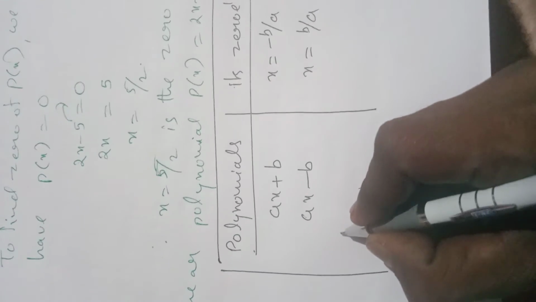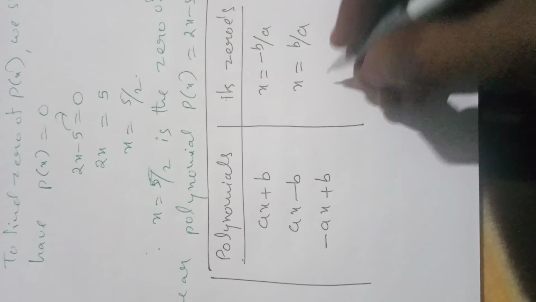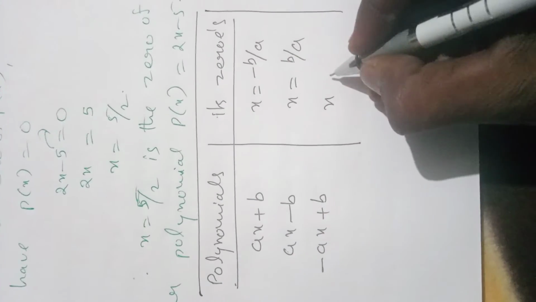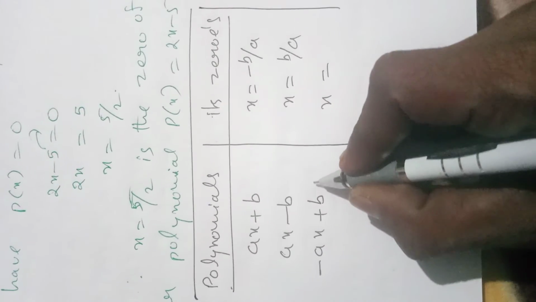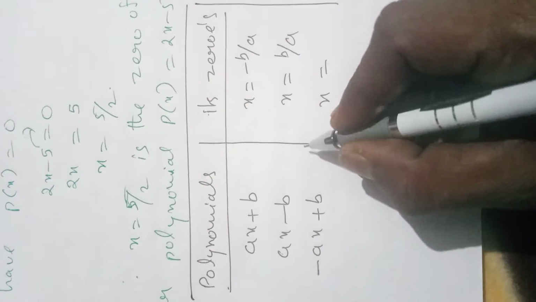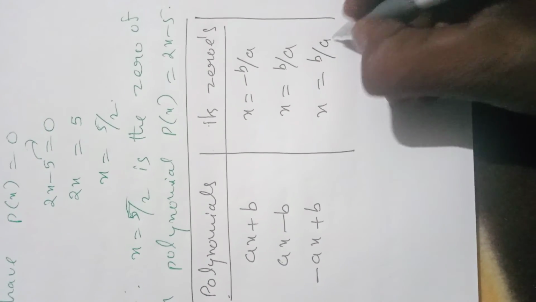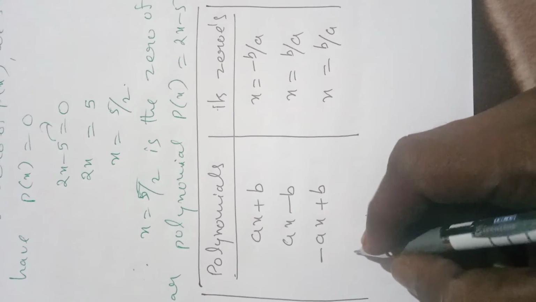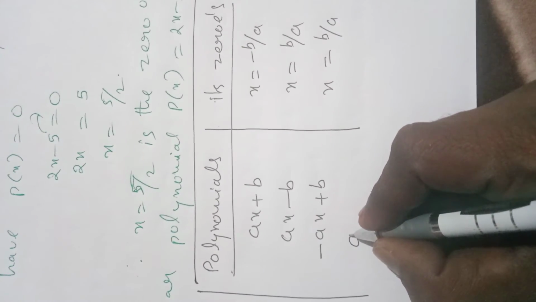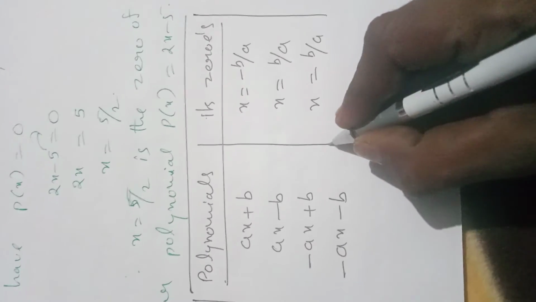If the polynomial is minus ax plus b, what do we do? In the same way we need to proceed. If equal to 0 here, minus b will come, minus ax equals minus b, minus a cancels, x equals b by a. And if I write both with minus, minus ax minus b, what will be the 0 of this polynomial?